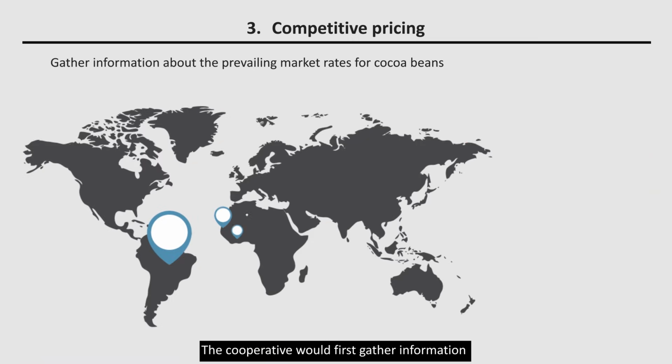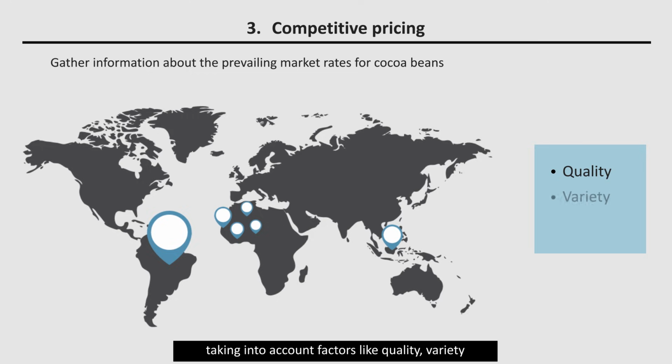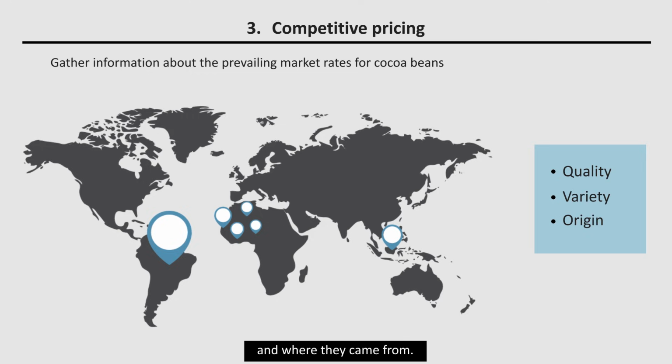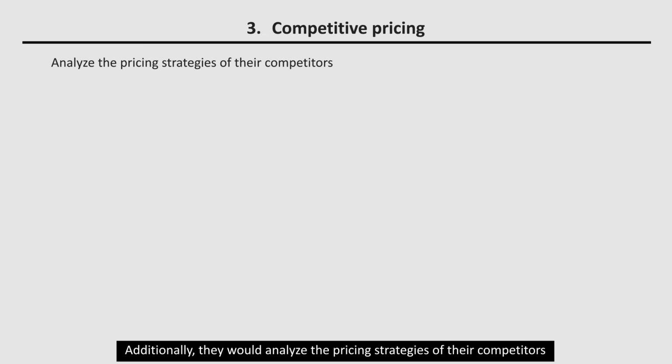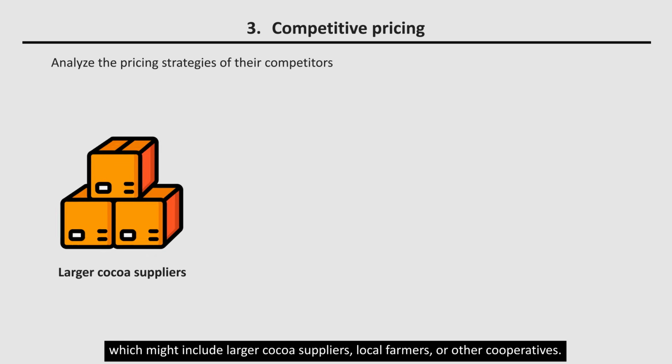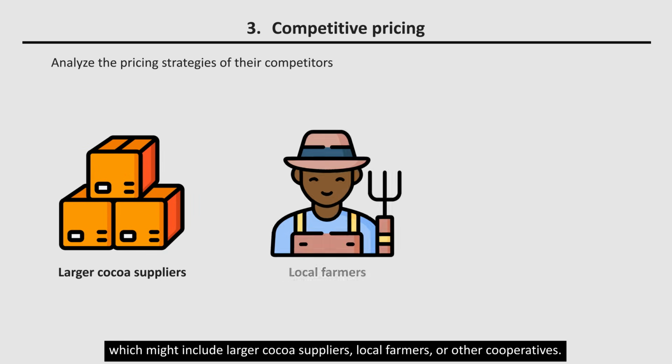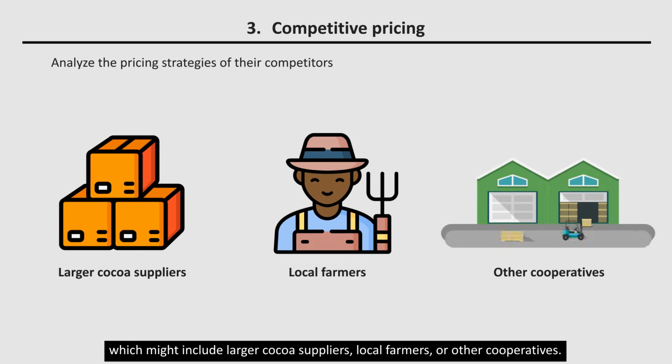The cooperative would first gather information about the current prices for cocoa beans on the market, taking into account factors like quality, variety, and where they came from. Additionally, they would analyze the pricing strategies of their competitors, which might include larger cocoa suppliers, local farmers, or other cooperatives.